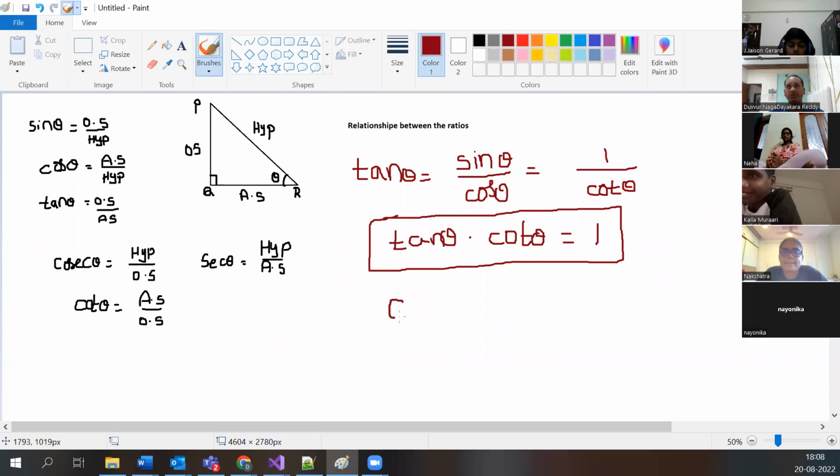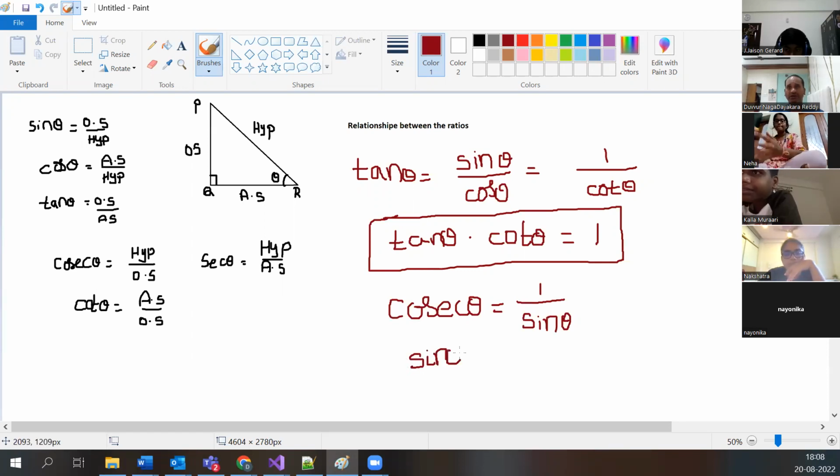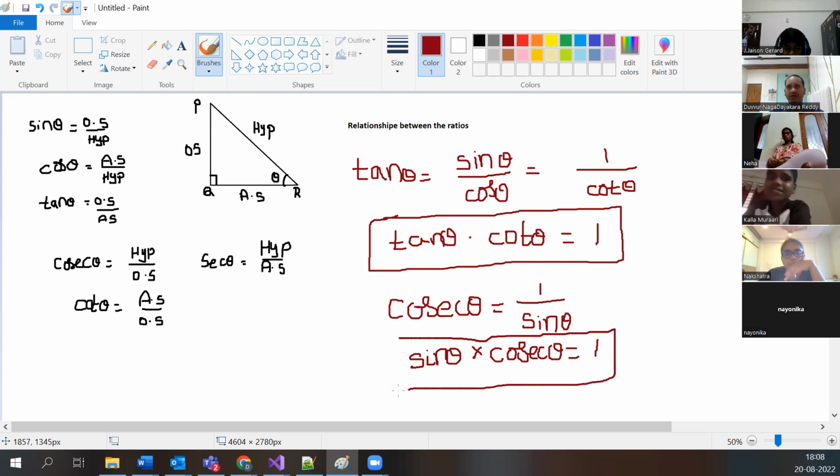We also discussed cosecant theta equal to 1 by sine theta. If I do the cross multiplication, sine theta into cosecant theta equal to 1. Again, the product of the two terms is 1, so both are reciprocal to each other.